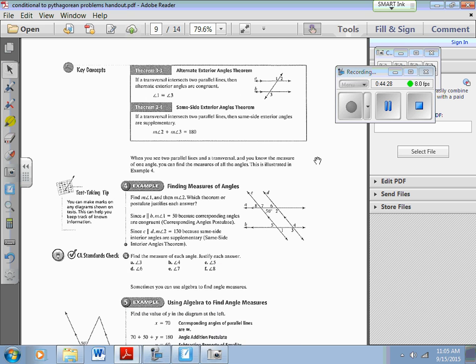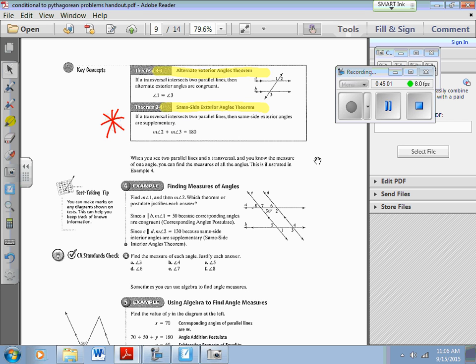Now, two more. Go ahead and highlight alternate exteriors and same side exteriors, and put a star where same side exteriors are, because those add up to 180. Alternate exteriors are equal to each other, or congruent to each other, if and only if.